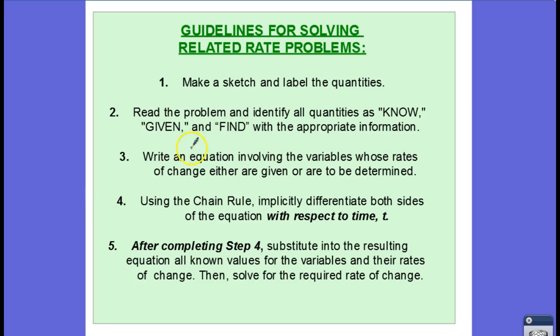Now let me stop for a minute and say something about these two. These are the types of things that especially we smart math students want to blow off and skip and jump right into writing an equation. And I know all about this because I struggled with this myself. I want to just get straight to writing an equation. And here's the thing.